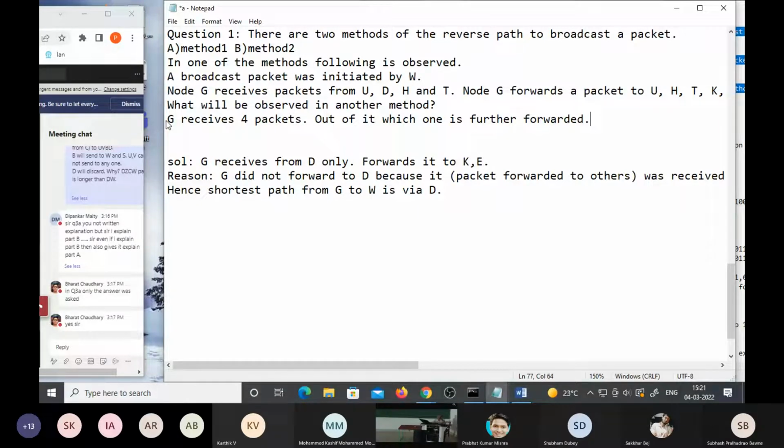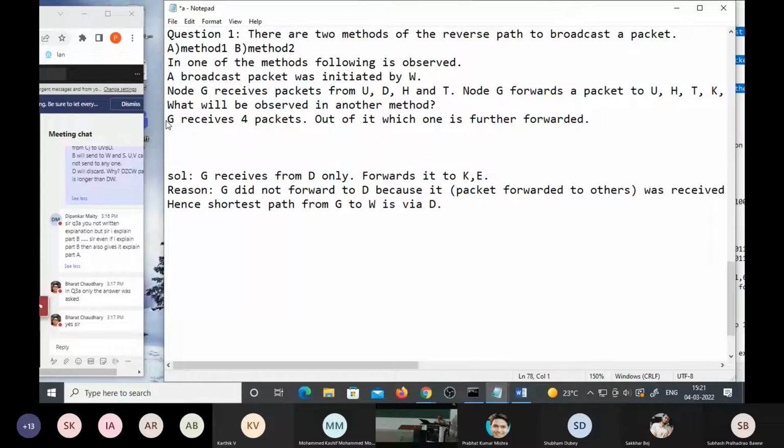Answer my question. G has received 4 packets. You see, G is sending packet to U, H and T. It means that the packet was not received from U, H and T. G receives 4 packets from U, D, H, T. Is it correct?